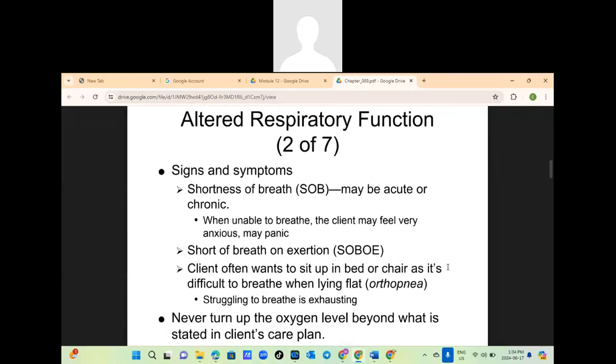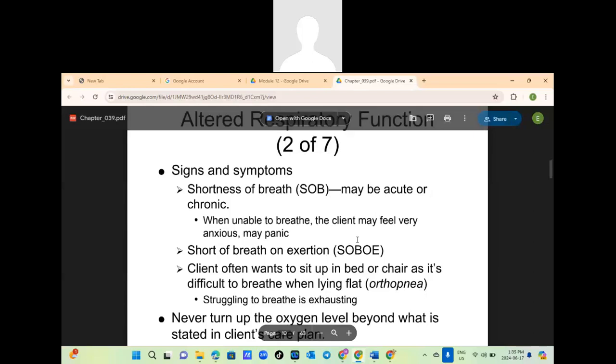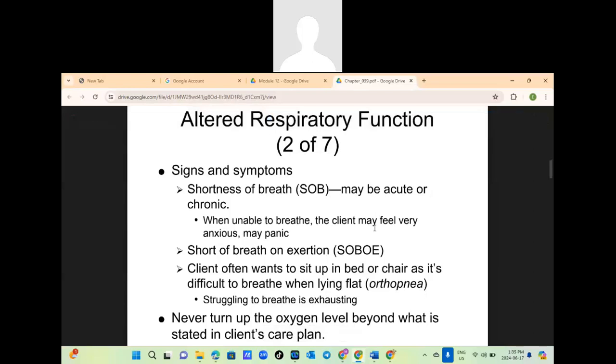When unable to breathe, the client may feel very anxious, and panic can also occur. Short of breath on exertion, SOBOE. So S is for short of breath on exertion.